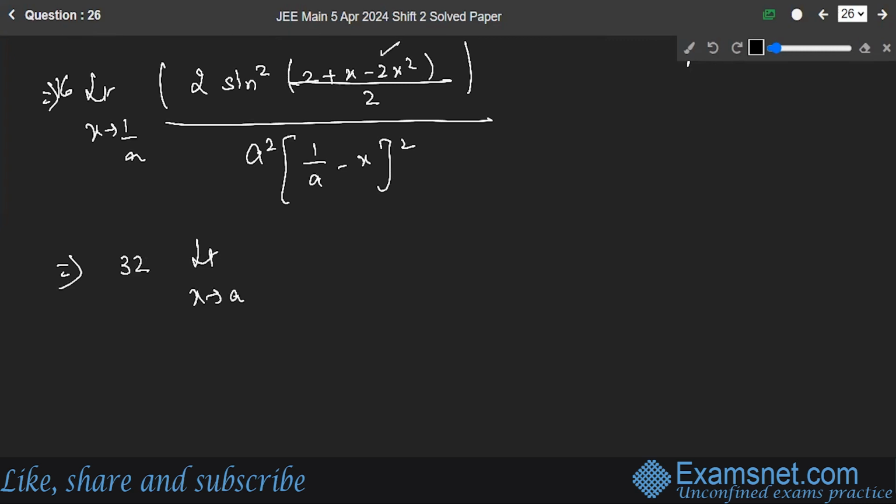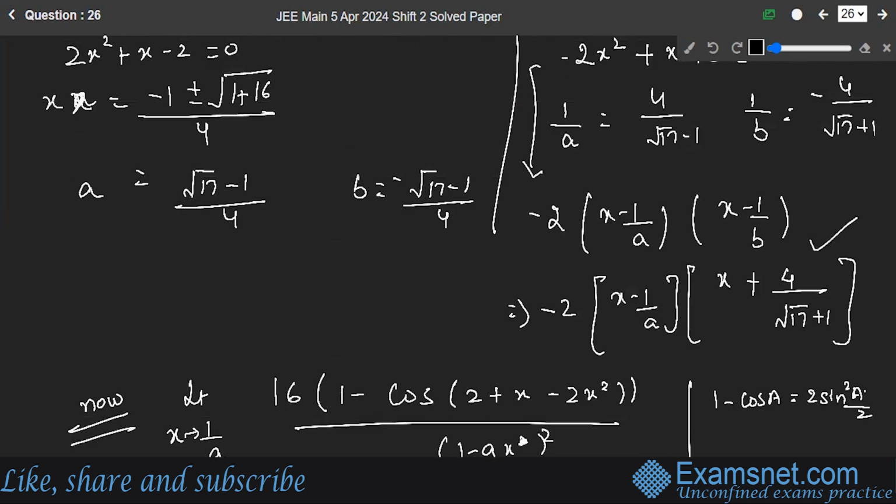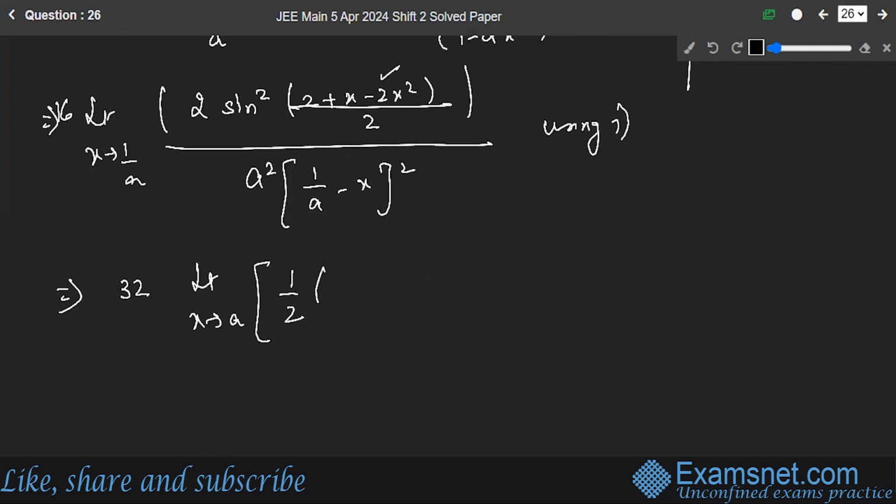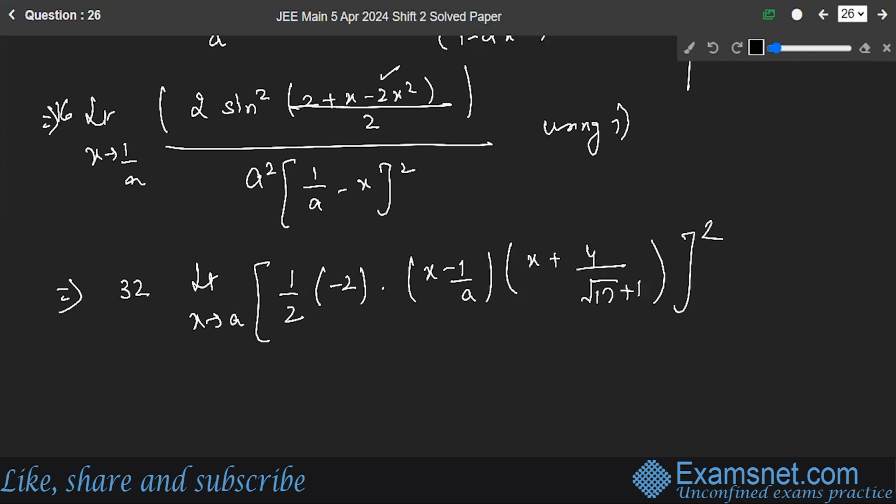Now let's break it up. You know, this is equal to 1 by 2 and this was having these two factors. So using this, you will have this as minus 2 into x minus 1 upon a, x plus this whole square.